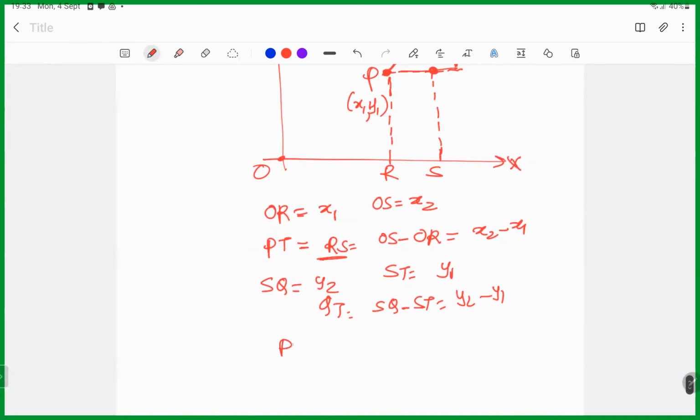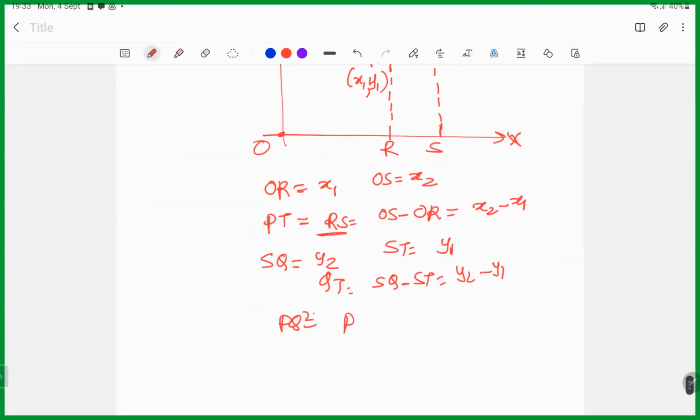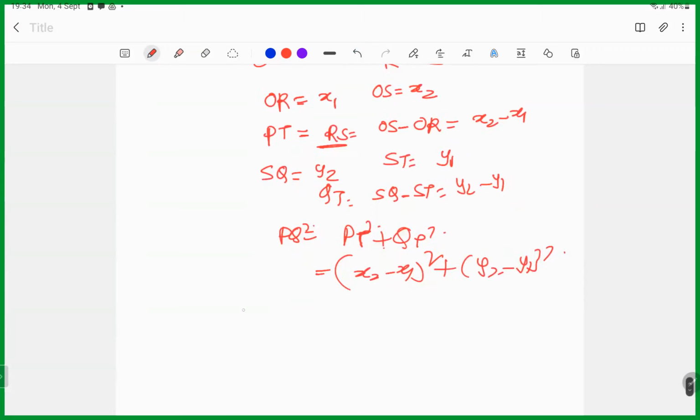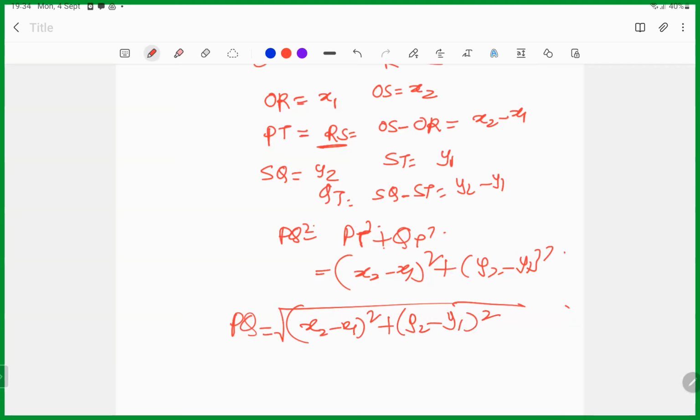So what is PQ square using the Pythagoras theorem? PQ square equals PT square plus QT square, right? So PT is x2 minus x1 whole square, plus y2 minus y1 whole square. So PQ is nothing but the square root of (x2 minus x1) whole square plus (y2 minus y1) whole square.